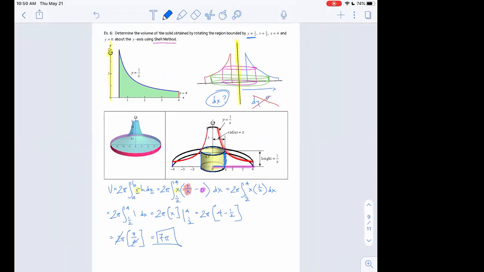So now that we know our answer for this, let's take a look at question number 7, which is the same exact problem, except that we want to use disk and washer method. So we know that our answer is going to be 7 pi. We hope that Judy doesn't make any more mistakes like she did in the last problem.